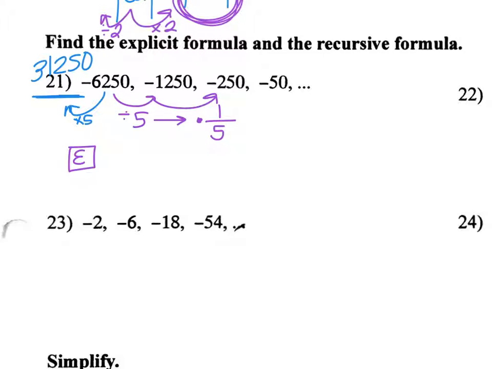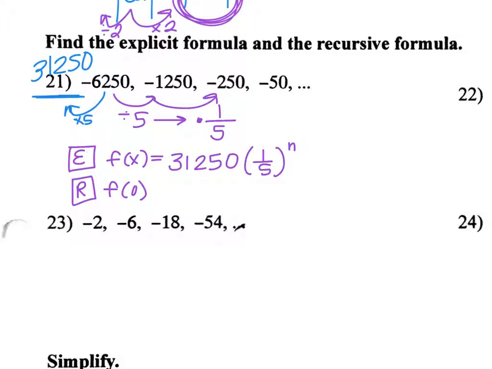So now my explicit puts everything into one equation. My explicit is going to be f of x equals my starting point, 31,250, times 1/5 to the n power. Remember, you got to put the pattern with the exponent. My recursive formula does two separate parts.